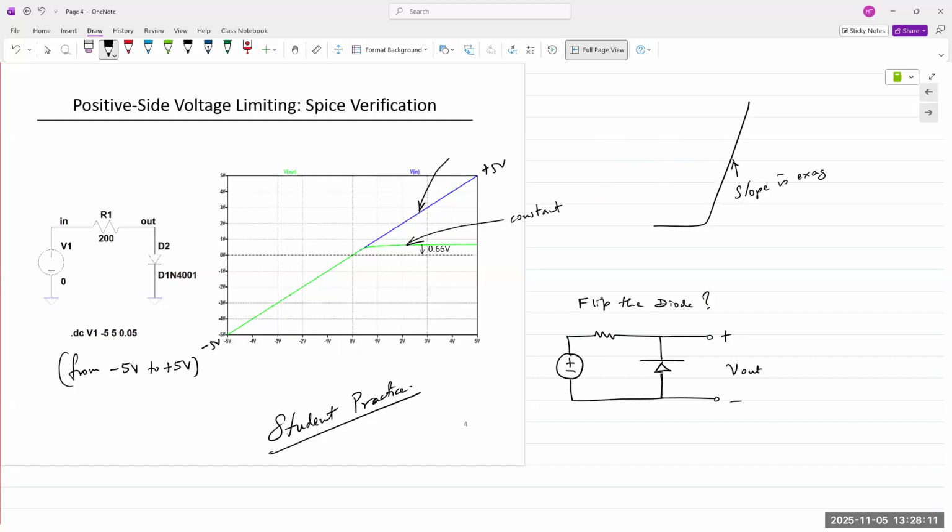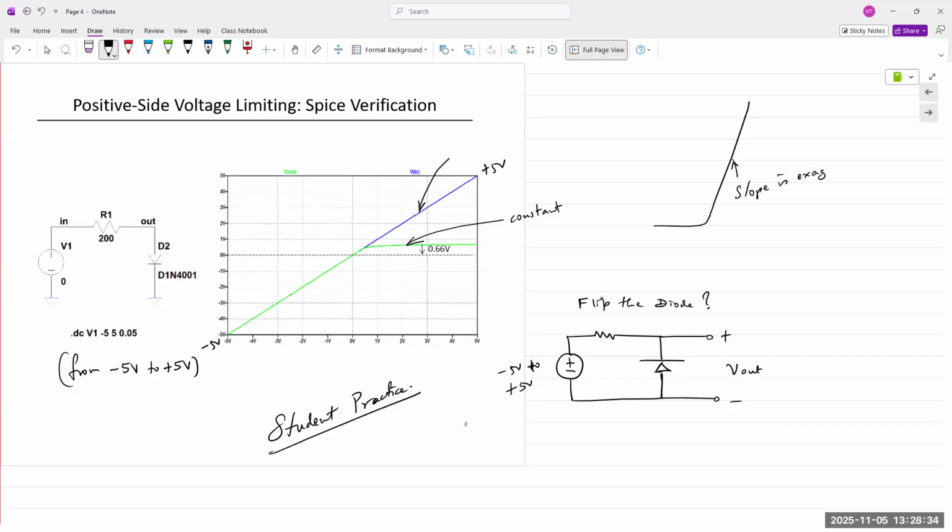Now for all values greater than 0, the diode is going to be off, right? So, for example, if V in varies from -5 volts to +5 volts, if it's +5 volts, the diode is reverse biased, it's going to be off.